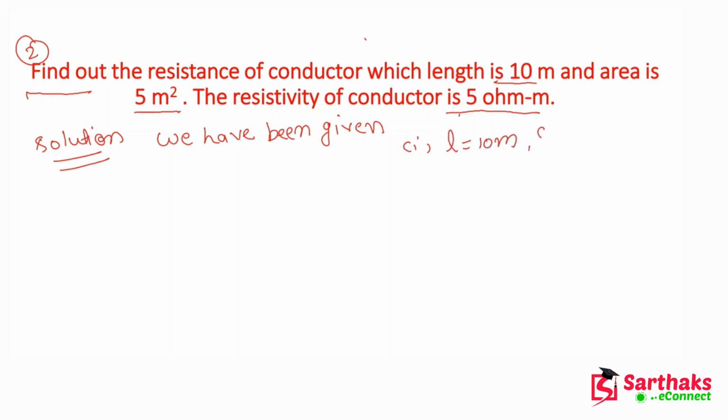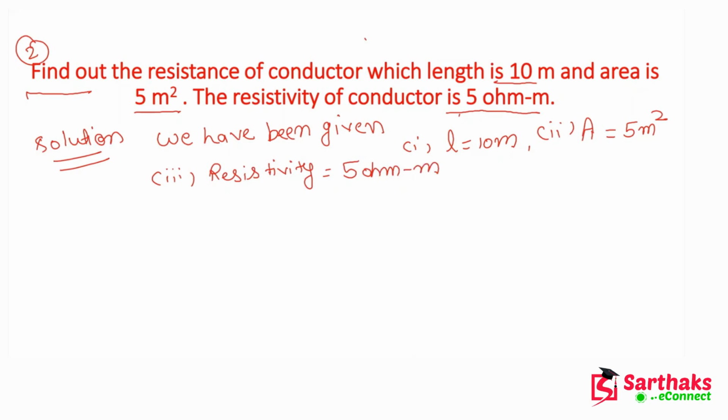And the second thing given in this question is the area. And the area is 5 meter square. Okay. And we also have been given the resistivity. And resistivity in this case is 5 ohm into meter. Okay, so this is resistivity.